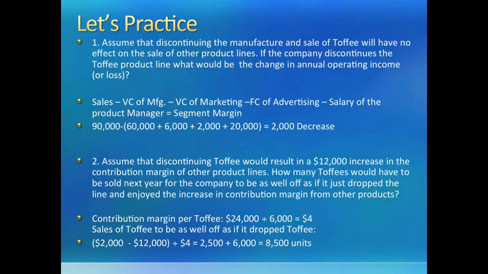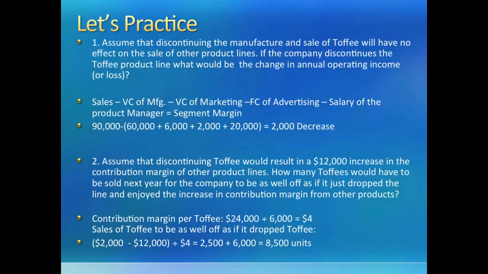Part 2 of the question has a little tricky wording. It says that people will buy other products if this one is gone from the shelves and the sale of other product lines will increase. So if total contribution margin from other products is going to increase by $12,000, it may not be a good idea to continue to make toffee because it brings us only $2,000 additional of contribution margin.